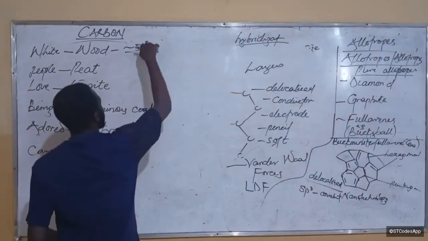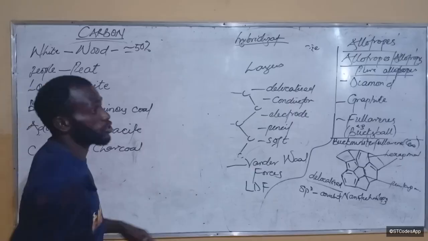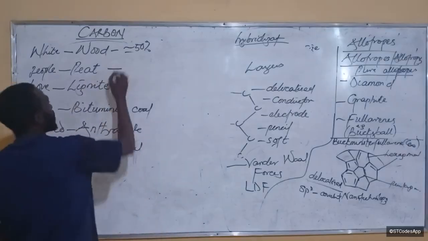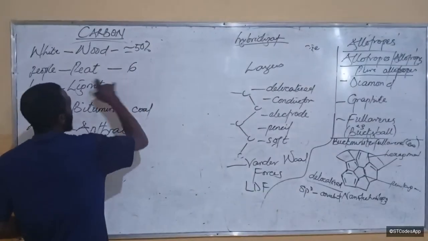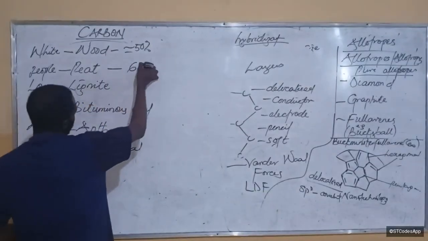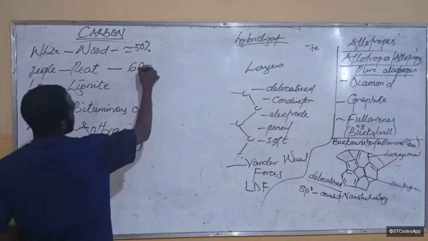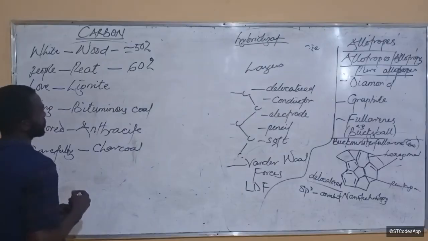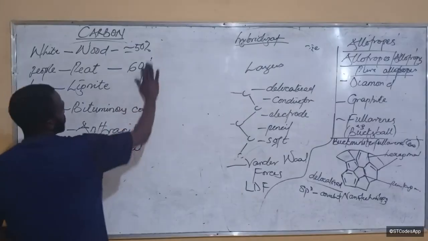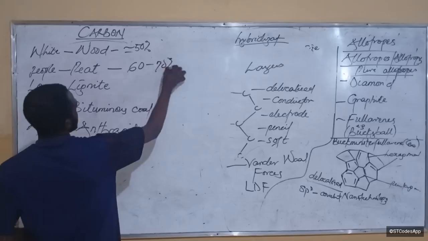If you compress wood and heat it up, you are going to get peat, which is about 60 to 70% carbon.